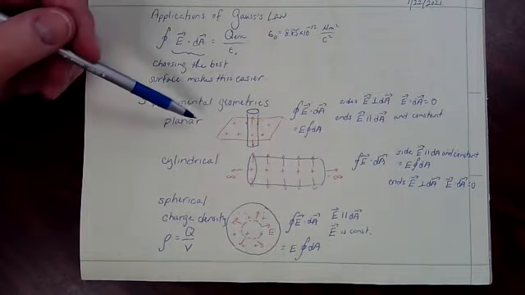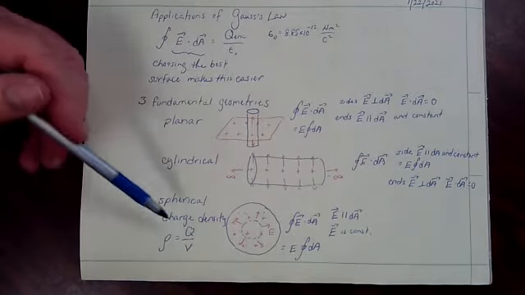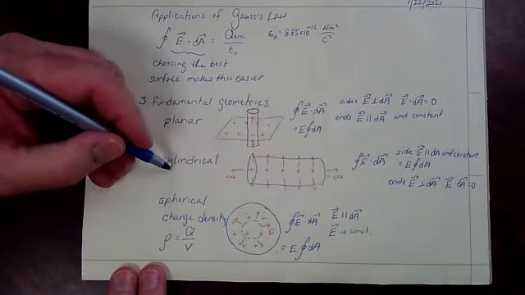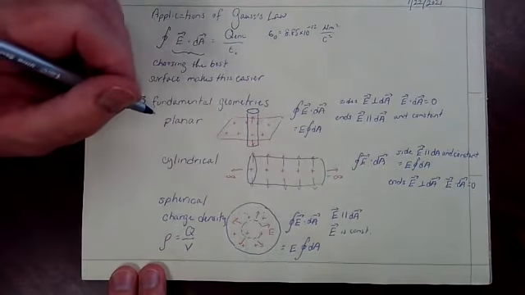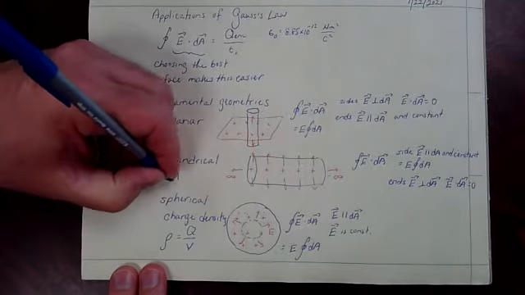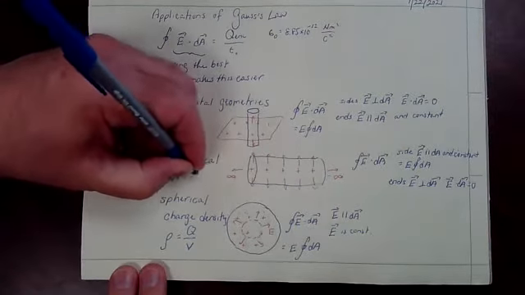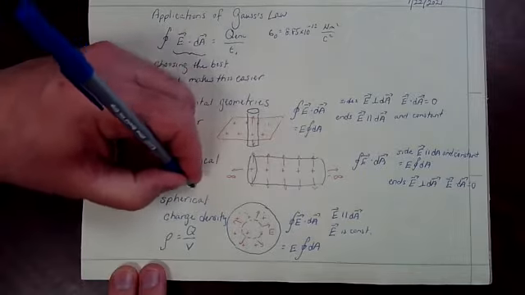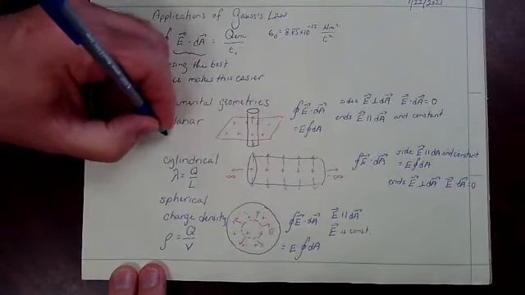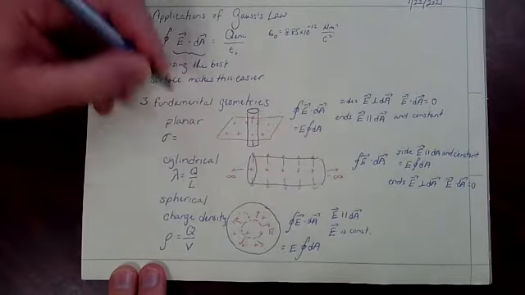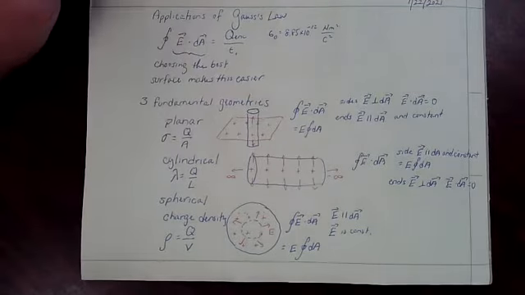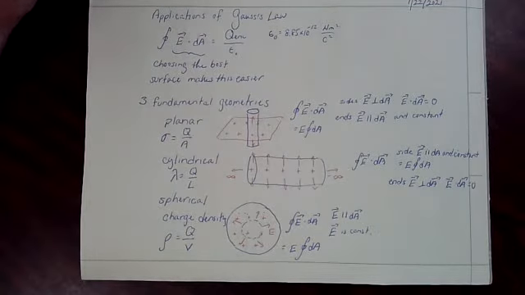Okay, so one more time, planar symmetry. I also should talk about the charge density before we go on too far. For cylindrical geometry, we would talk about a linear charge density, so lambda equals Q over L. And for planar, we would talk about a surface charge density, which we usually represent by the Greek letter sigma, which would be Q over the area that we're discussing.